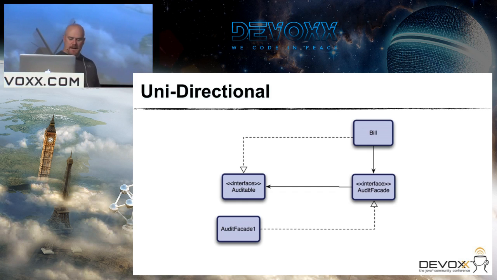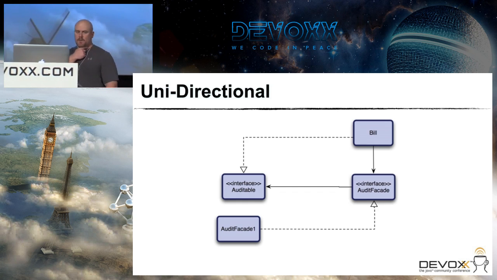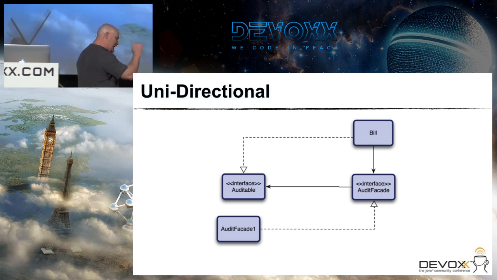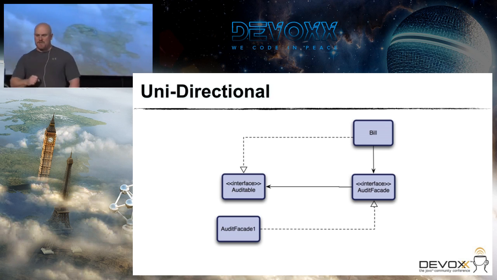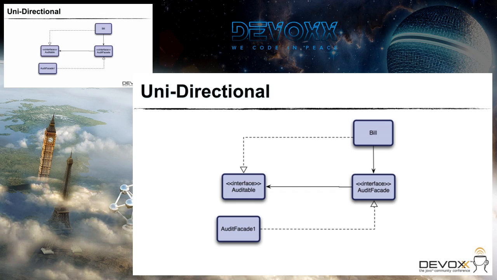That's the problem that I now need to solve, and I'm going to do it by introducing an auditable interface. This auditable interface is going to allow me to pass the bill into the audit facade as this auditable data type.